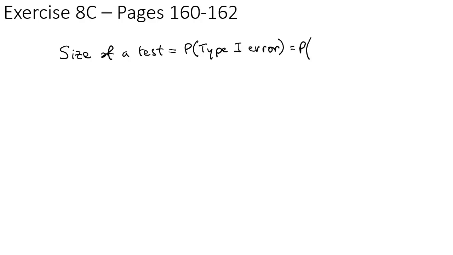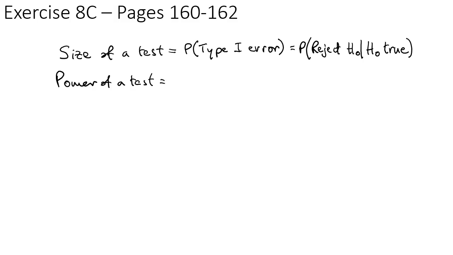Just as a quick recap, we worked out the size of a test, and the size of a test is equal to the probability of a type 1 error, and a type 1 error is the probability when we reject H0 and H0 is true, whereas the power of a test is equal to 1 minus the probability of a type 2 error.